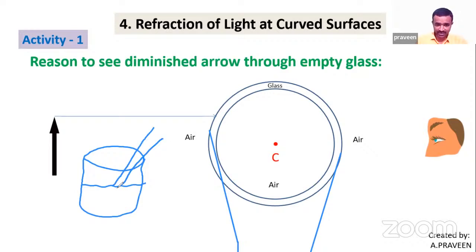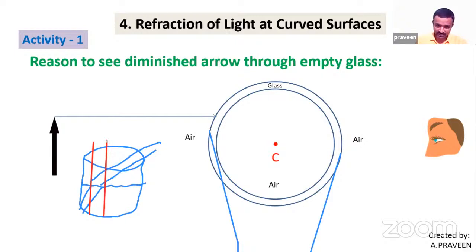At the surface it will be observed to bend like this. So here you can simply imagine a normal. Normal means simply a perpendicular to the surface at the point of incidence.